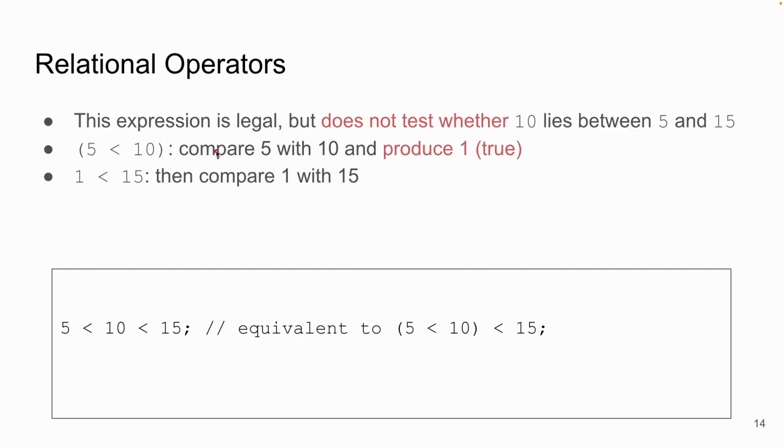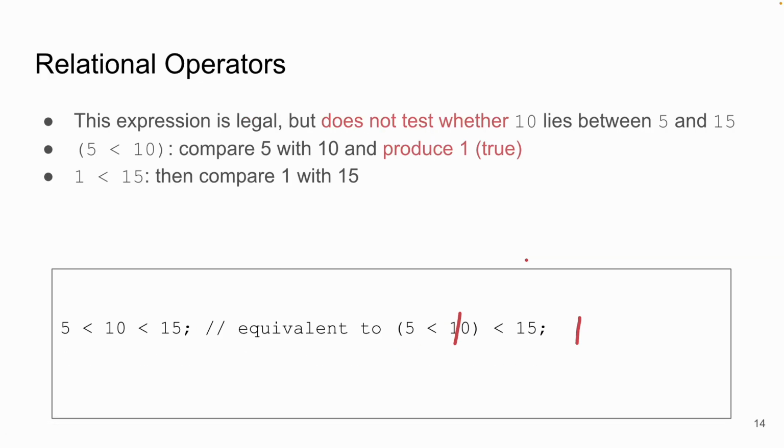Of course, 5 is smaller than 10, so this sub-expression returns 1 to say it is true. Then we continue to evaluate the second relational operator. Since the return value of the first sub-expression is 1, what we actually do is compare 1 with 15. We want to compare whether 1 is less than 15, and of course, the outcome is true.